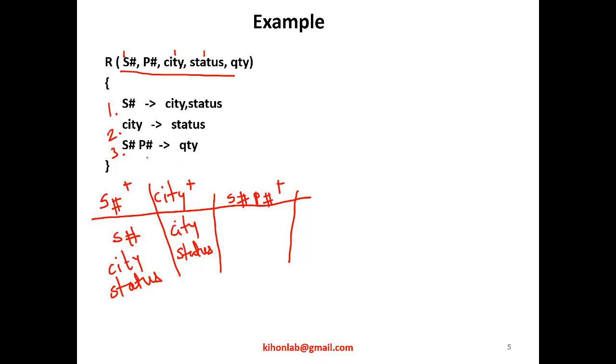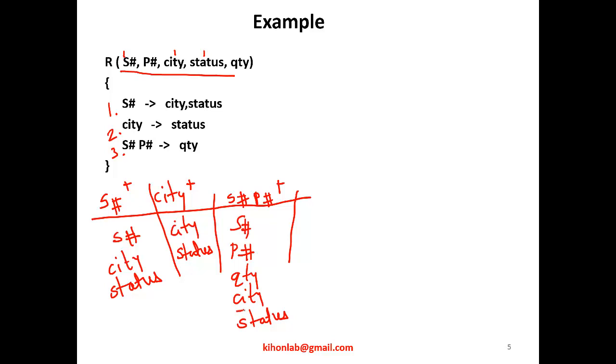And the last one is the S# P# closure. Now the self attributes S# P#, and from the given dependency it derives quantity, so quantity we can add. Now can any other attribute derive any other attributes from the given relation R? Here I have S# derives CT, status, so we can add CT and status.